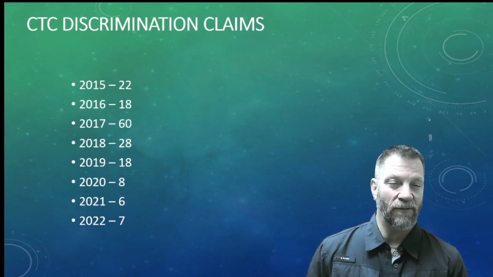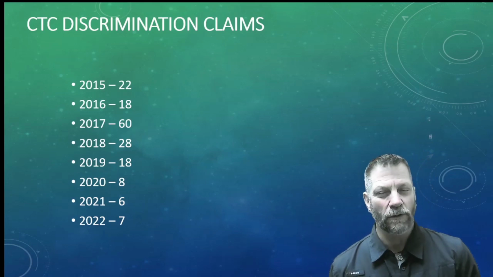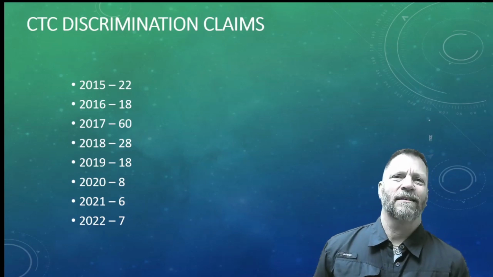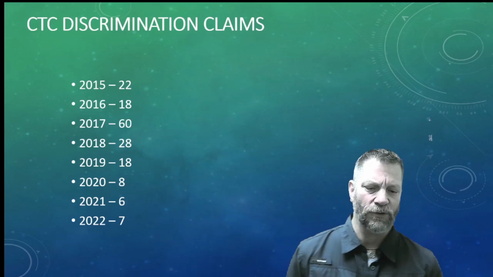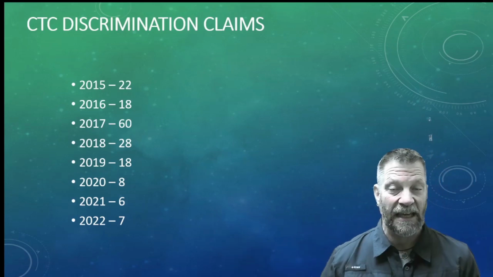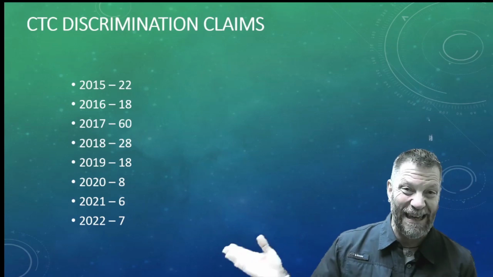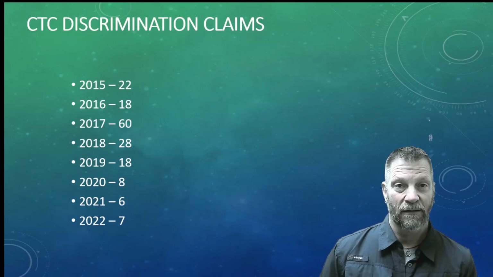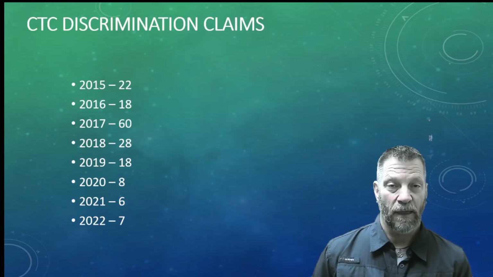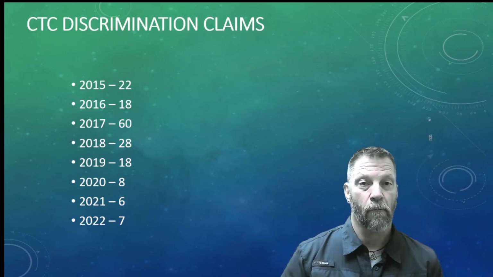Our EEO office, Jackie Thomas, should not be used as a tool or a threat, which I've seen that. People will say, hey, if you don't stop doing that, I'll report you to Jackie. Well, fine, go report to Jackie if it's an EEO complaint. If it's not an EEO complaint, go to your supervisor.